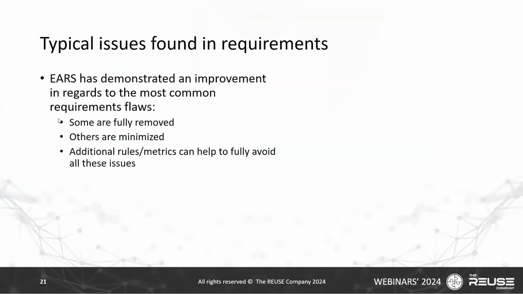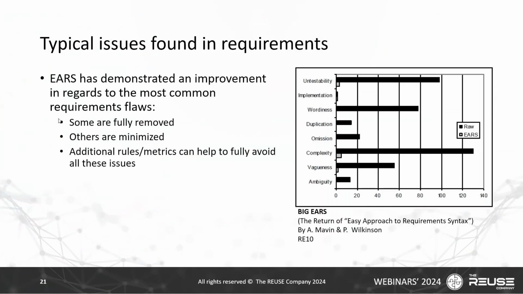And of course, for those aspects that are not fully removed, you can rely on additional sets of real-time metrics or rules that can be checked thanks to tools like our authoring tool that will be also the star character for this presentation.